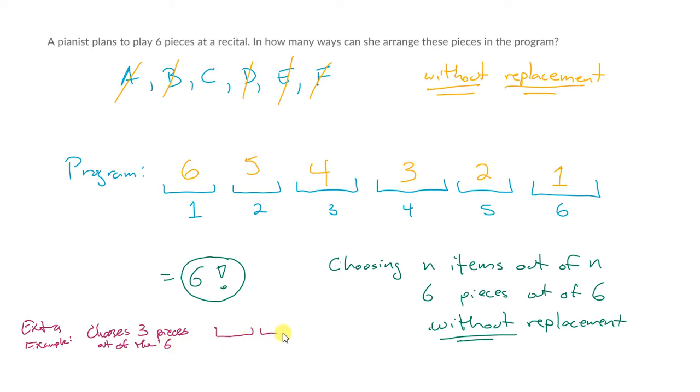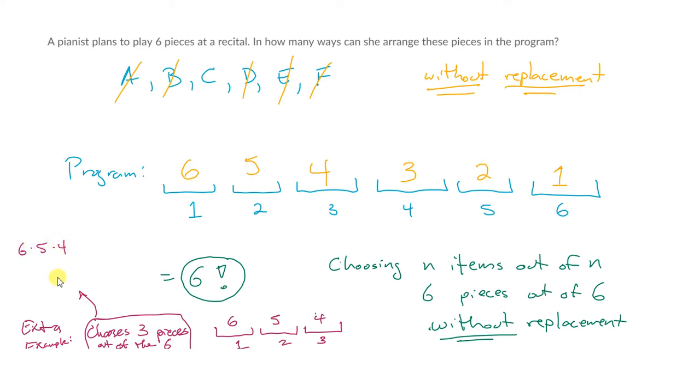So here's the first slot, second slot, third slot, right? Piece number 1, piece number 2, piece number 3. How many ways can she choose piece number 1? 6 ways. How many ways for piece number 2? 5 ways because we're sampling without replacement, right? 4 ways for the third piece in the recital. And so the number of ways, if she was going to choose 3 pieces out of the 6, is just 6 times 5 times 4 ways.